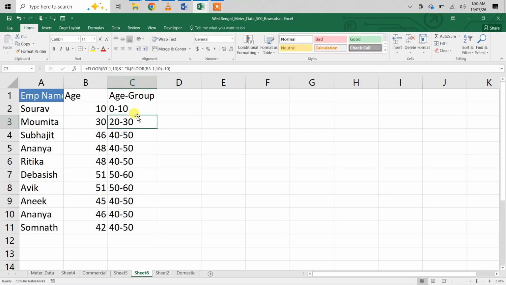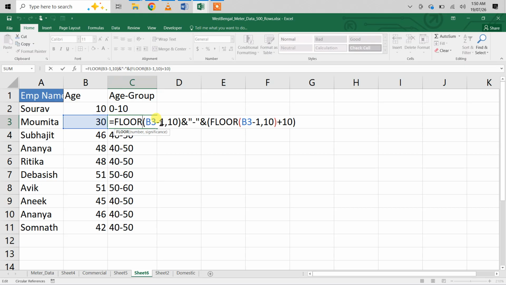For 30 subtracted by 1, it is going to 29, and the multiple, how many 10s fit into 29? Twice. So 2 tens, 20, so 20 would be the floor value, and plus 10, 20 to 30.